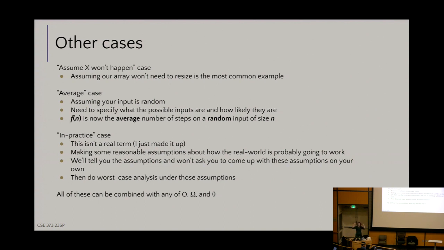There's this thing I'll call the in practice case. That's not a real thing. I made that up. But what I mean when I say that is we're going to get into some data structures where I can invent some really unlikely scenarios that will cause some really gross worst case situations, kind of like that binary search tree that's just one crappy linked list. That is technically a worst case scenario, but deeply unlikely to happen unless you specifically add values into that binary search tree in ascending or descending order.